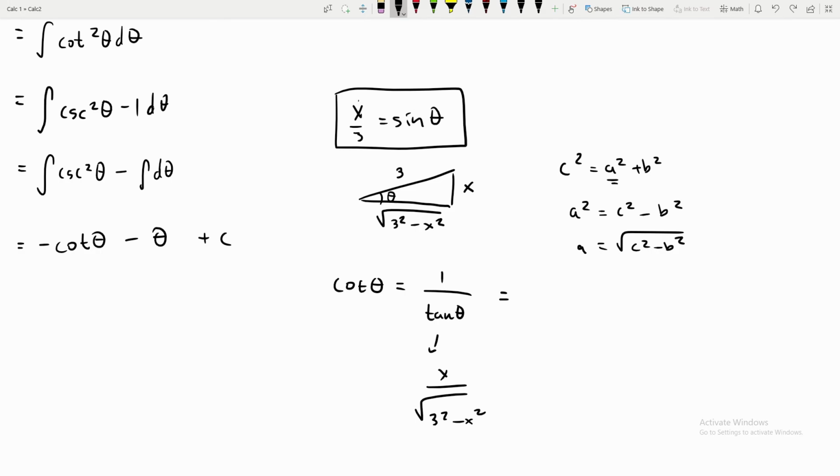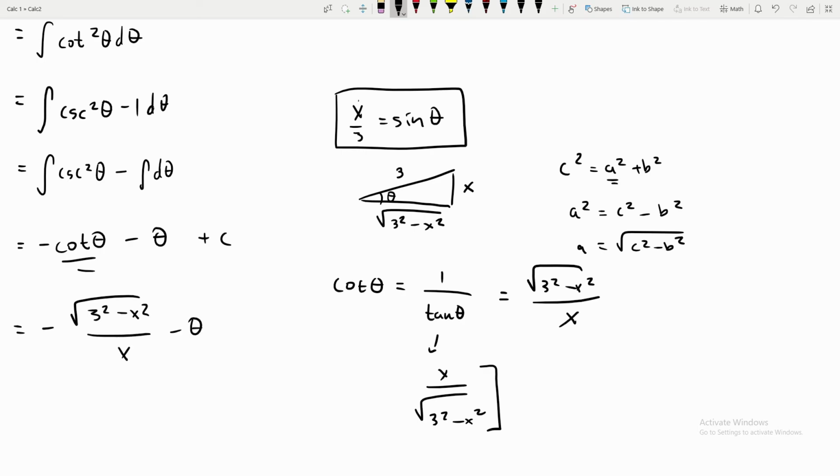However, that's not what we're looking for. We're looking for 1 over the tangent. So all we need to do is flip this fraction, and we get the square root of 3 squared minus x squared over x. And that's our cotangent. So we're going to get minus the square root of 3 squared minus x squared over x, and then minus theta plus c.